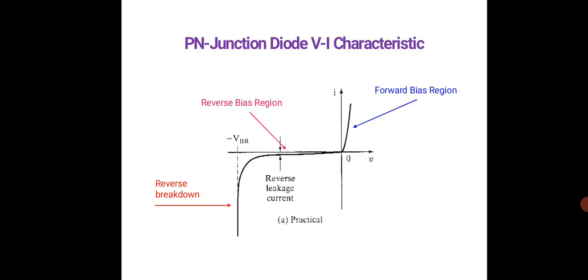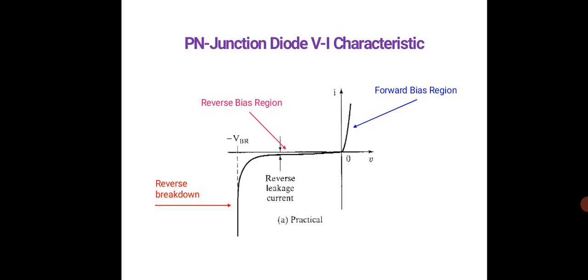This represents the PN junction diode VI characteristics. You can see two bias regions, one is the forward bias region, the other is the reverse bias region. In the forward characteristics, plotted as voltage against current, after 0.7 volt in the case of silicon and between 0.2 to 0.4 volt for germanium, the current keeps increasing in the forward bias region.